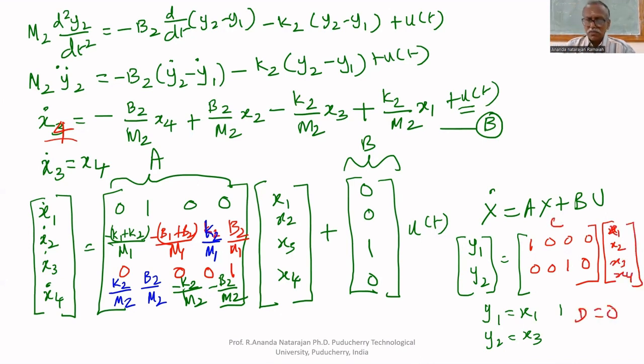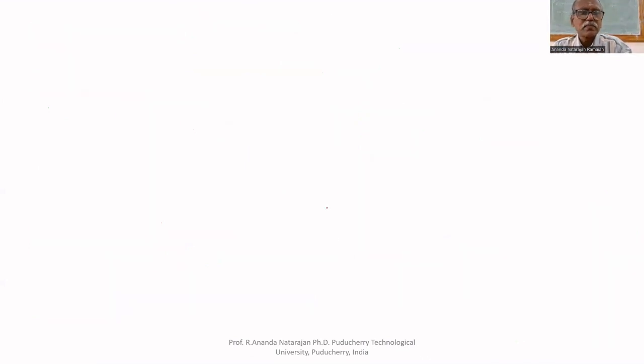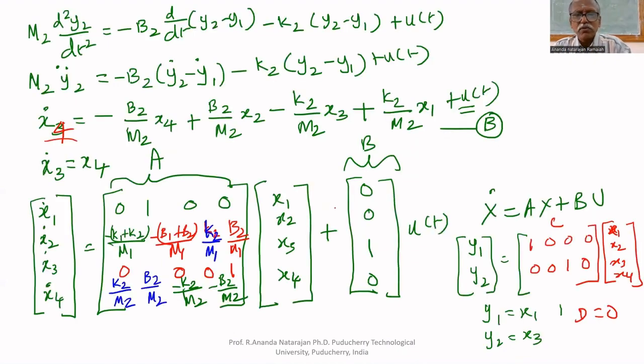D matrix equal to 0 in this case. Y1 equal to X1, that is the displacement. Y2 is X3. That's all about this sum. So we wrote it in state space model.